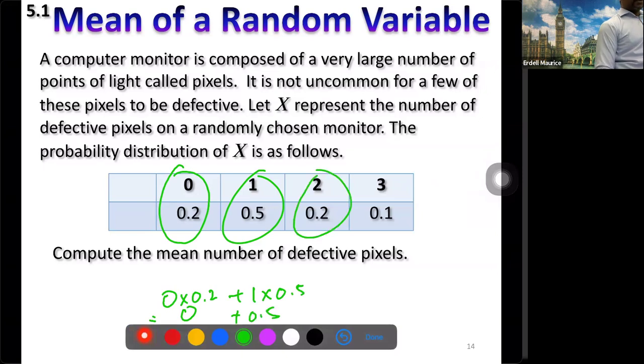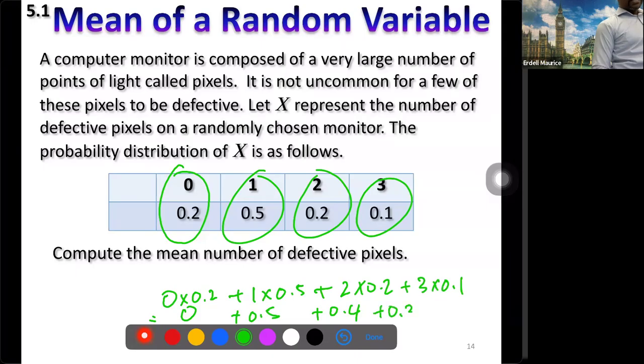What is 2 times 0.2? That's going to be 0.4. And what's 3 times 0.1? That is 0.3. And you add those 4 numbers up.